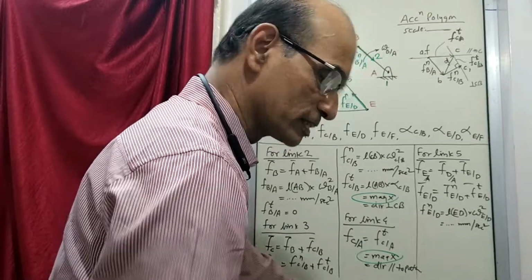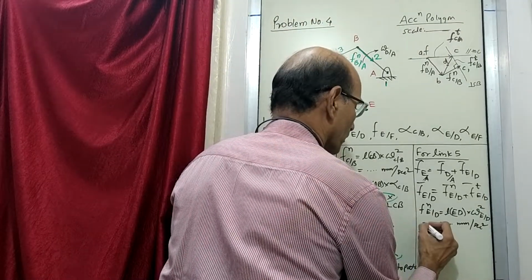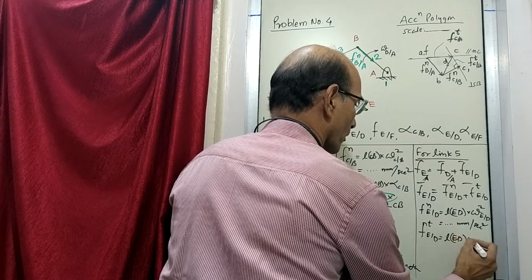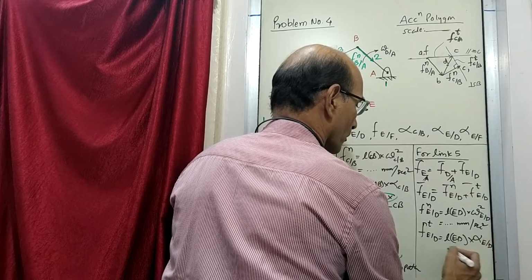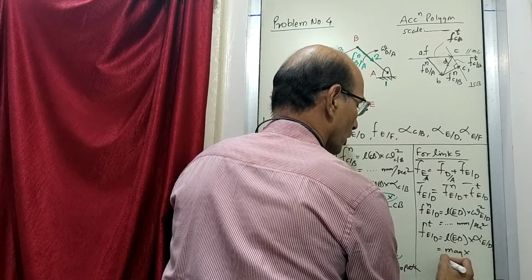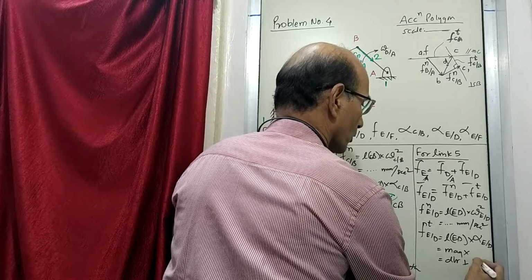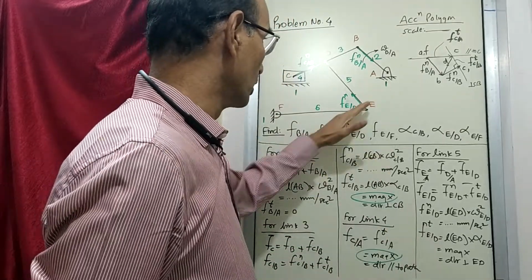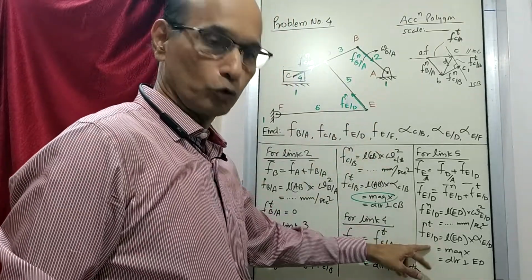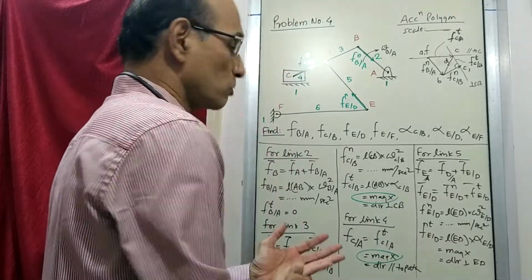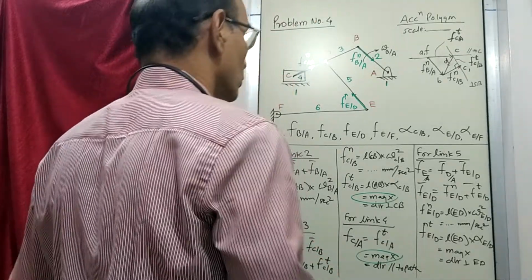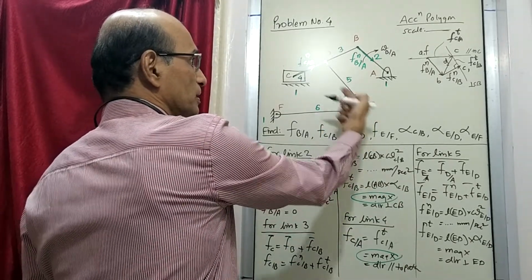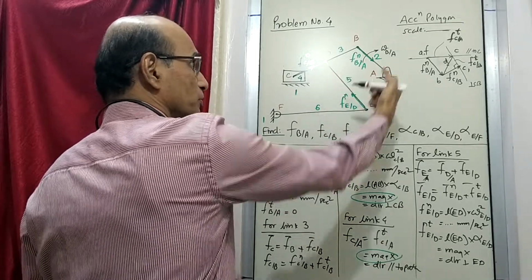Now the tangential is R alpha. Now this we don't know, we only know the direction. It is going to be perpendicular to ED, but its magnitude we don't know. So now what we do? We now have to draw this vector; from E to D is the direction in the linkage diagram. So this direction you have to take there.